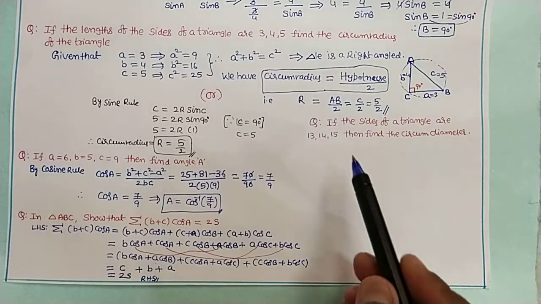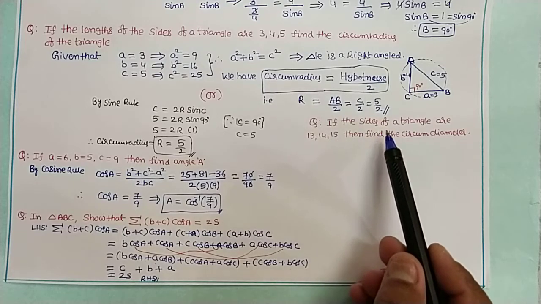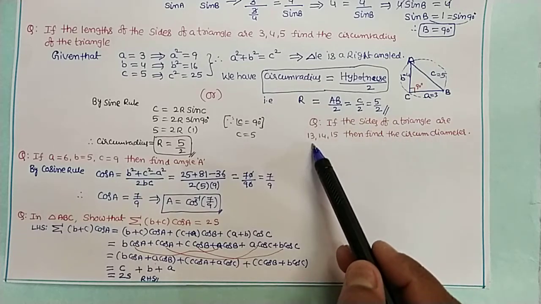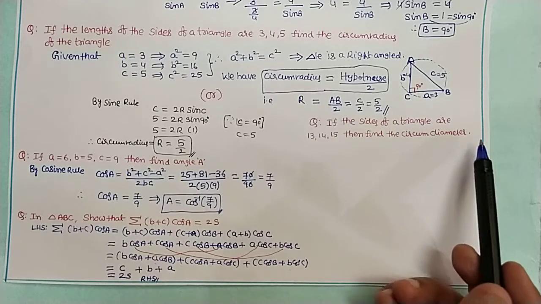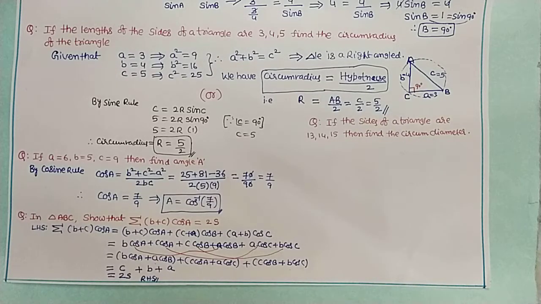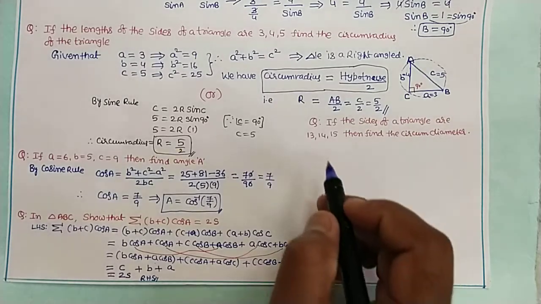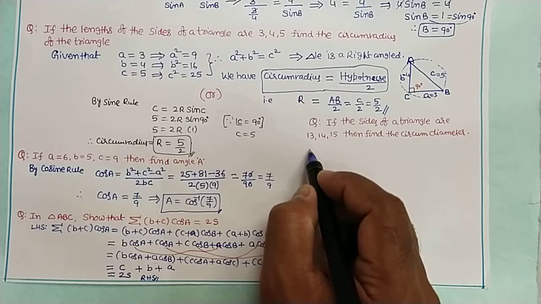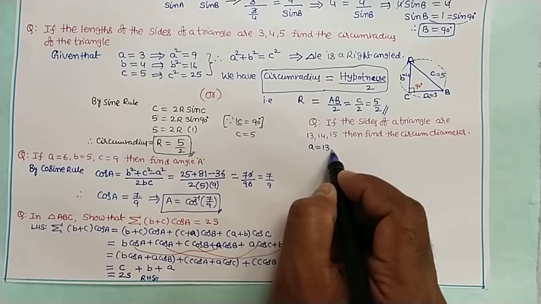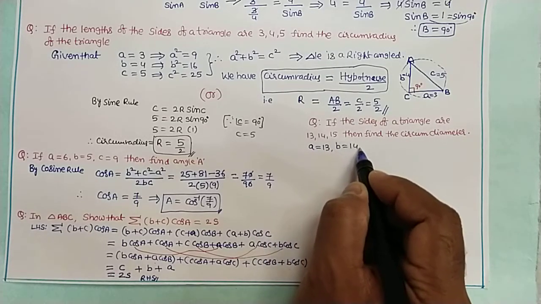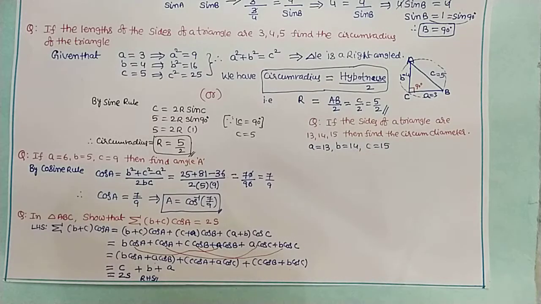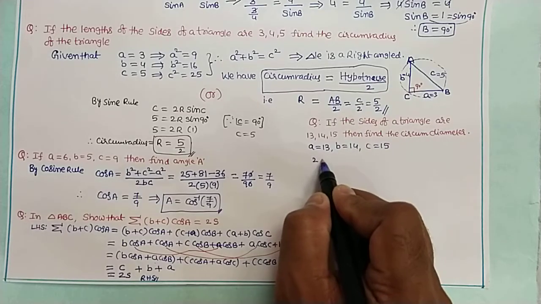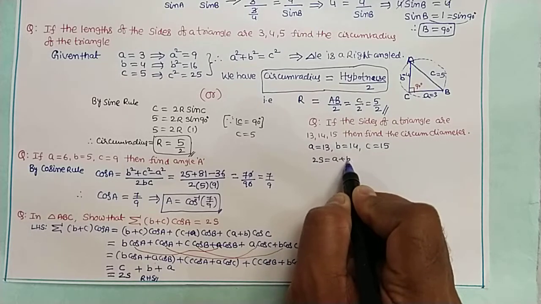The next question here. If the sides of a triangle are 13, 14, 15, then find the circumdiameter. Circumdiameter means twice the radius, which we can calculate. So first, the sides of the triangle: a equal to 13, b equal to 14 and c equal to 15. After knowing the values of a, b, c, you can calculate 2s equal to a plus b plus c only, no?